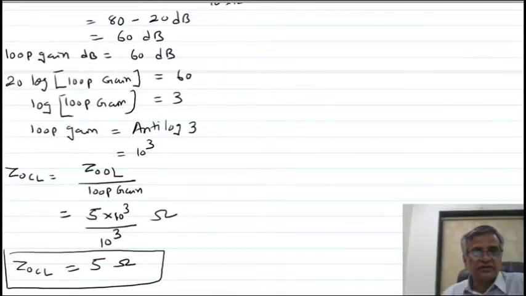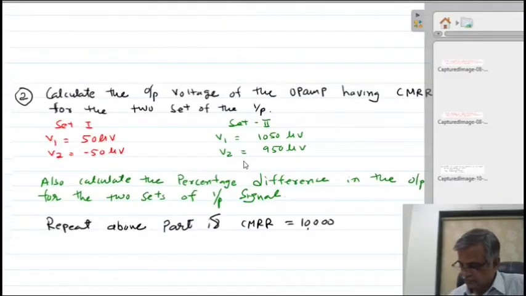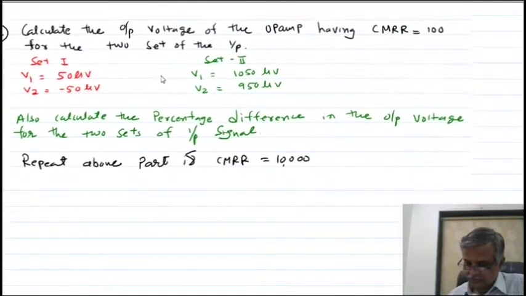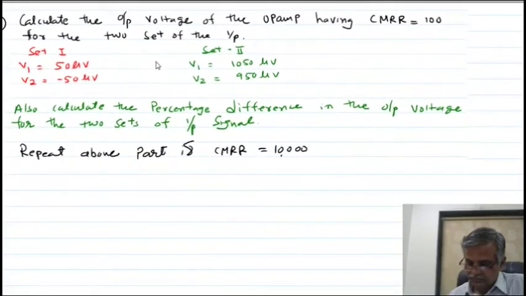Now let us see another numerical. We show the importance of the CMRR. See, with the help of this numerical, you will understand if the value of CMRR is large, then error voltage will be very less.